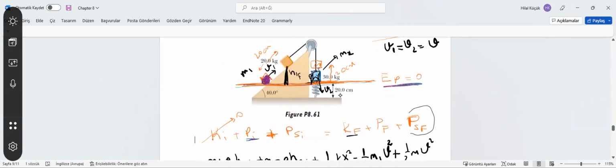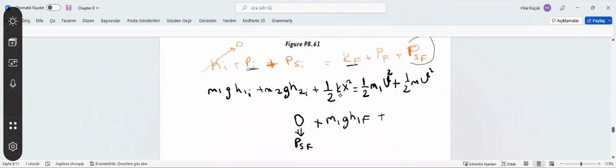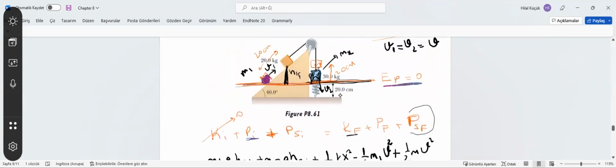It comes back to the same position, I mean, the reference point. So M2 G will be 0 because I don't care about this part. My new reference point is here.